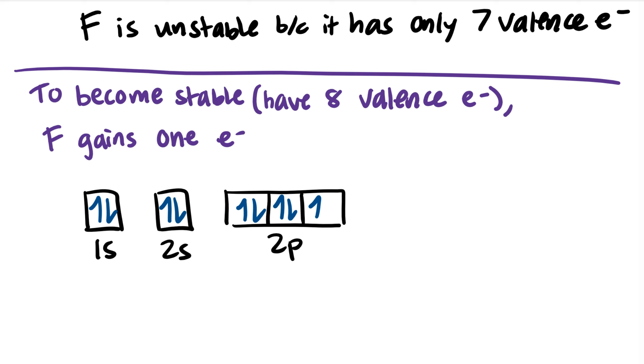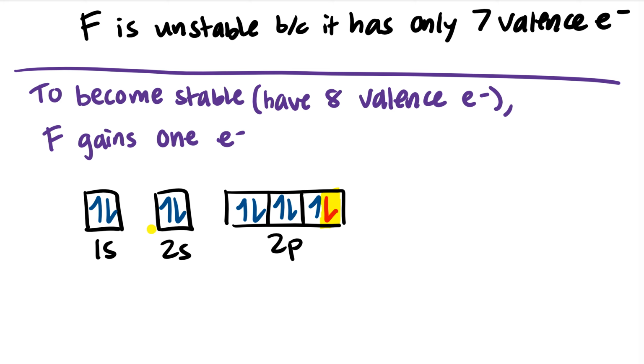It just needs to fill in one more electron into that last 2p orbital. So imagine an electron coming over and being added right there. Let's go ahead and highlight that. That last down arrow represents that electron that fluorine has now gained.